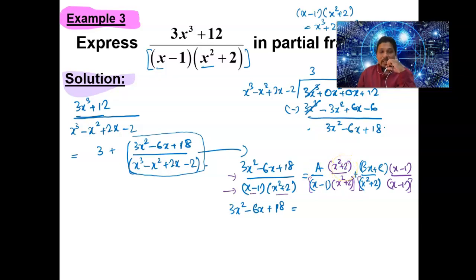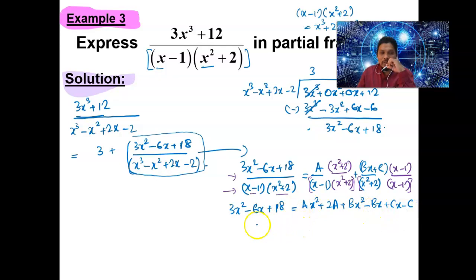But now I'm going to expand this. Okay, A times x squared, Ax squared plus 2A, plus Bx times x, Bx squared, Bx times negative 1, minus Bx, C times x, plus Cx, C times negative 1, minus C.